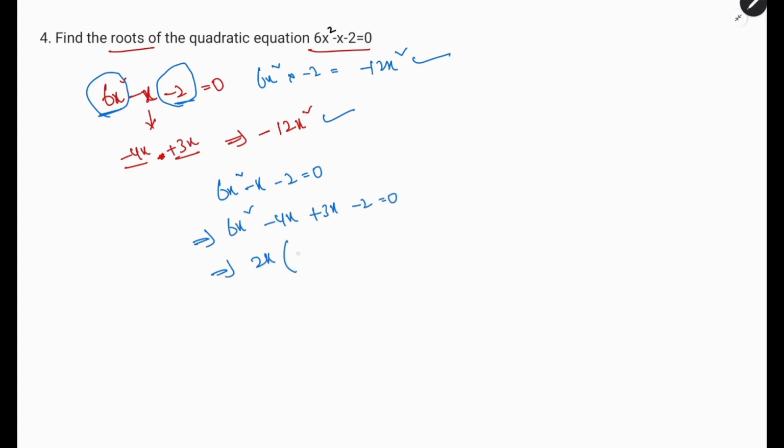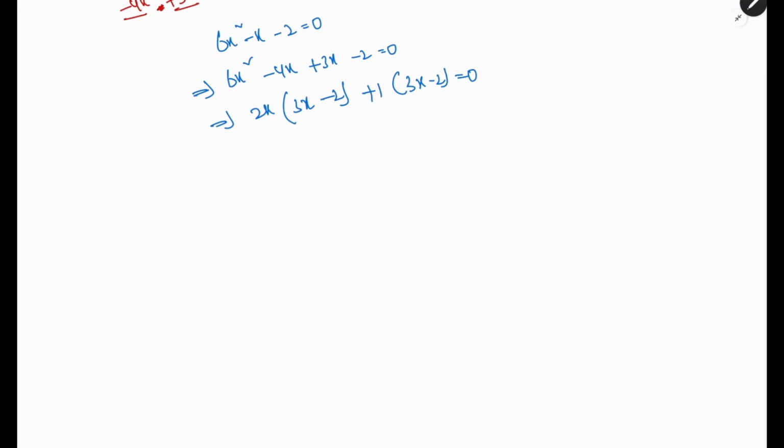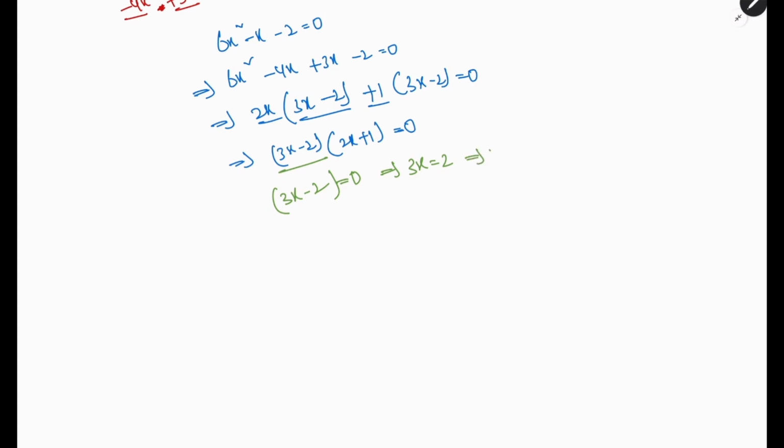Take 2x common, it is 3x minus 2. Take 1 common, it is 3x minus 2. So 3x minus 2 into 2x plus 1 equal to 0. If you take 3x minus 2 equal to 0, then 3x equal to 2 and x equal to 2 by 3.